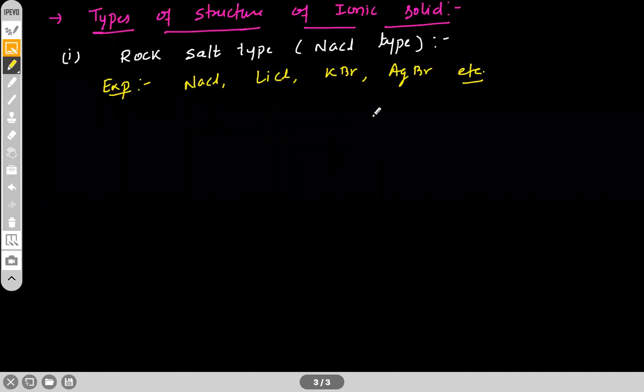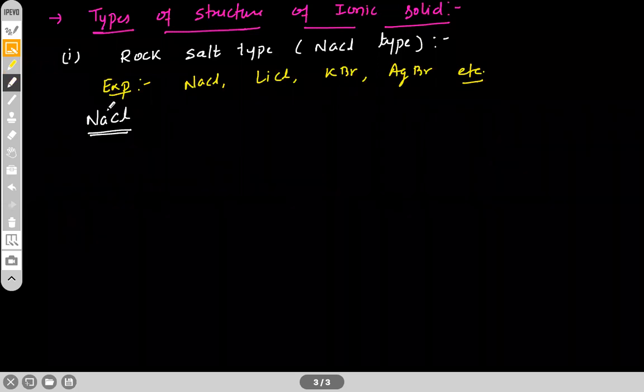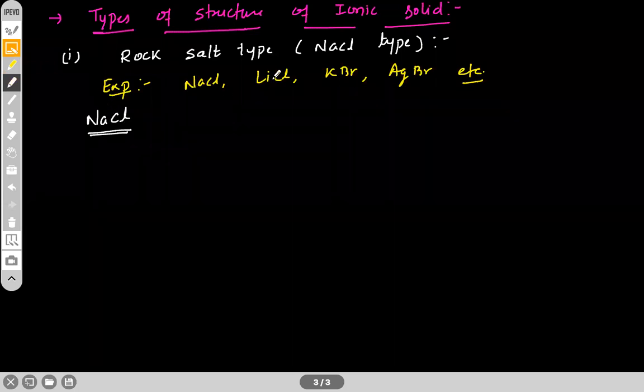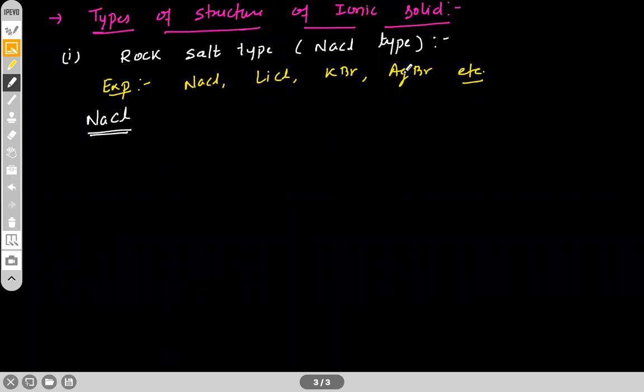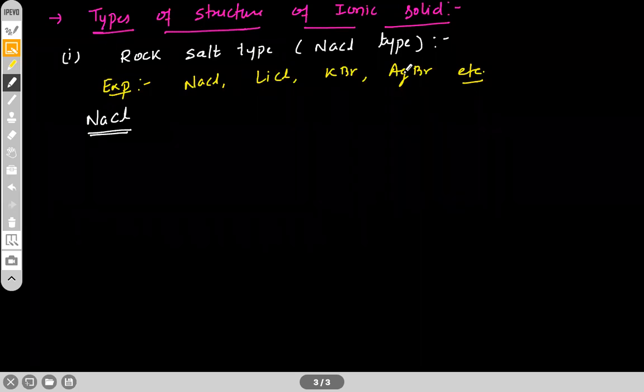So we'll see with reference to NaCl, means whatever the position of cation we have here in NaCl, that is of Na plus, will be for Li plus, K plus, Ag plus, etc. And the position of Cl minus in NaCl would be the position of Cl minus here, Br minus here. Like I said, in all these structures there are 3-4 points that you have to memorize.